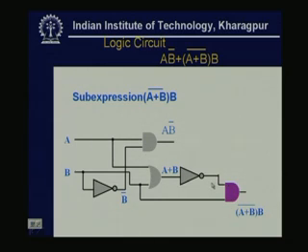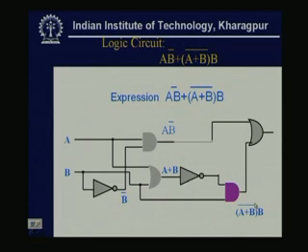So, the output of this AND gate is (A plus B) complement B. Now, the full expression: this is my first part A B bar, and the right hand next portion is (A plus B) complement B. These two inputs are fed to one OR, because it is a plus, plus means OR, a 2 input OR gate.